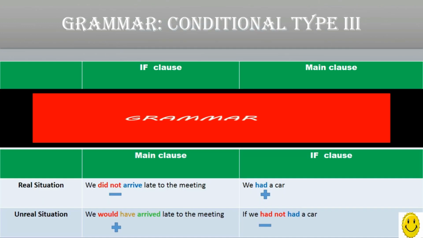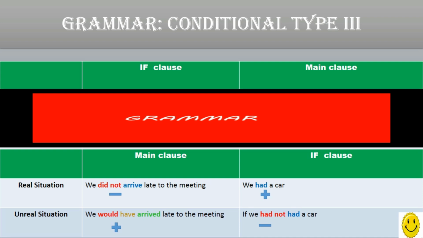In the second part, we keep the same example, but with a slight difference. This time we're going to start with the main clause first and then the if clause second. It doesn't affect the rule or anything about conditional type 3. In the real situation of the second part we have: we did not arrive late to the meeting. The if clause: we had a car.